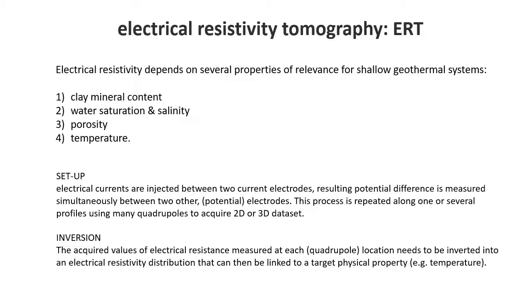And so thereby, using some kind of a geometry of configuration, we can then, using Ohm's law, just simply extract electrical resistivity. So this electrical resistance or apparent resistance that we then measure at the potential electrodes can then be inverted into an electrical resistivity distribution.